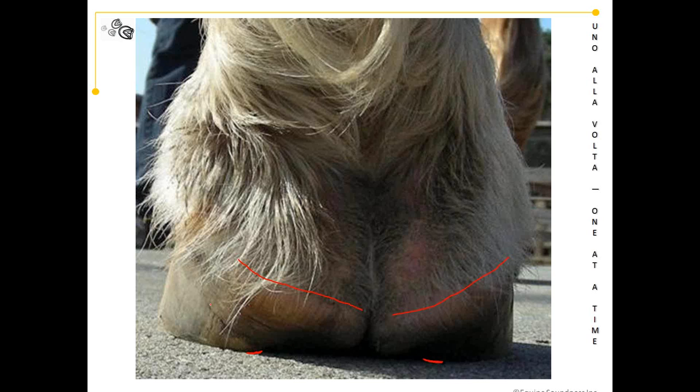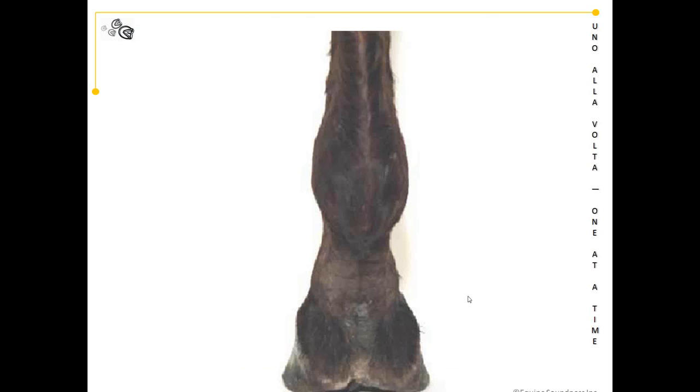It's also taken a little bit too far from the side, so it's hard to take a hoof picture directly from behind, but I found one here where it's actually a little bit better. And you want to see where the hoof actually hits the ground with the heel on both sides.